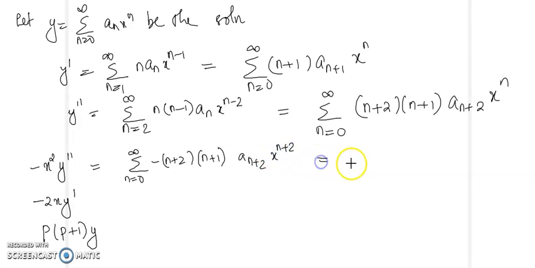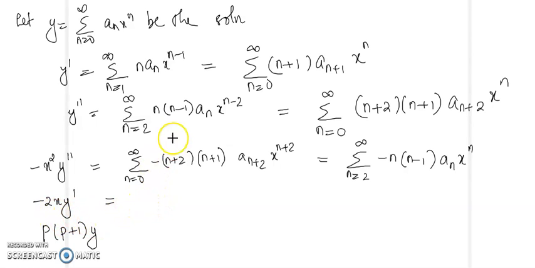So if we want x raised to n to be the power, the series will be rewritten in the form minus n into n minus 1 a n x raised to n. So there n will vary from 2 to infinity. Okay.